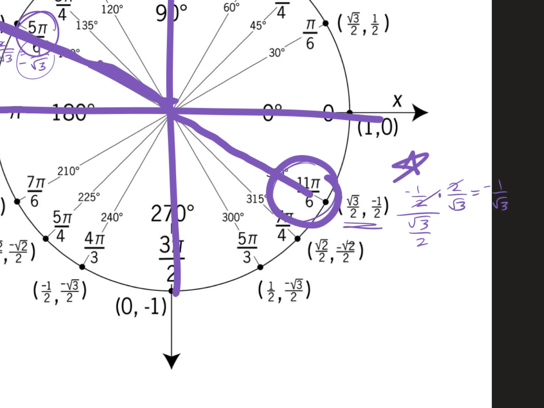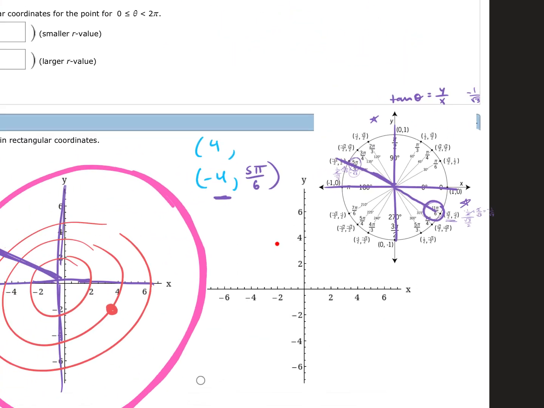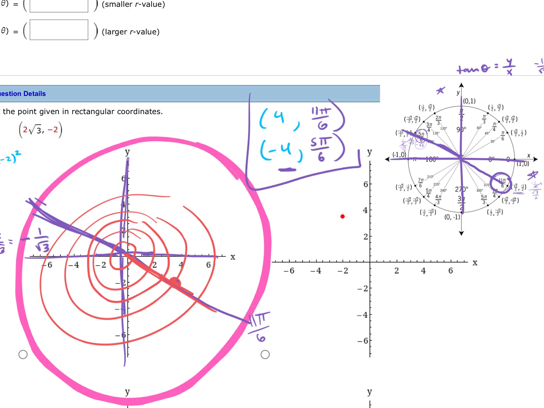It's always going to be the straight line to it. So if I put 11 pi over 6 as my polar line here, am I going to go in the positive direction 4 rings or in the negative direction 4 rings? Positive direction. I go in that direction of 11 pi over 6. Since we go in the positive direction, it's going to go with the positive 4. So these would be our 2 points.